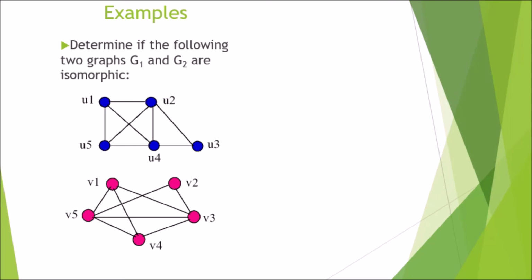U3 has a degree 2, whereas in the other graph V2 has a degree 2, so these two nodes match. U4 has a degree 4, and V5 in the other graph has a degree 4, that means U4 and V5 match. And U5 has a degree 3 and V4 in the other graph has a degree 3, that means U5 and V4 also match. So this concludes that these two graphs are also isomorphic.